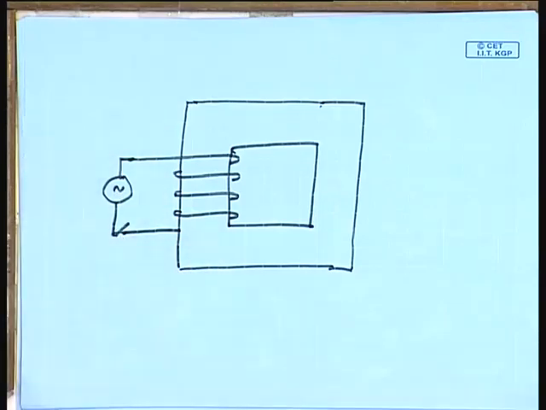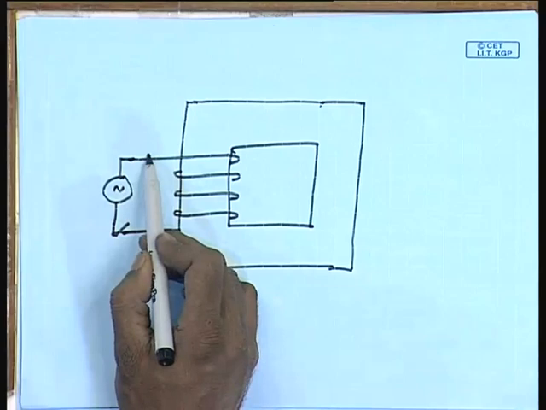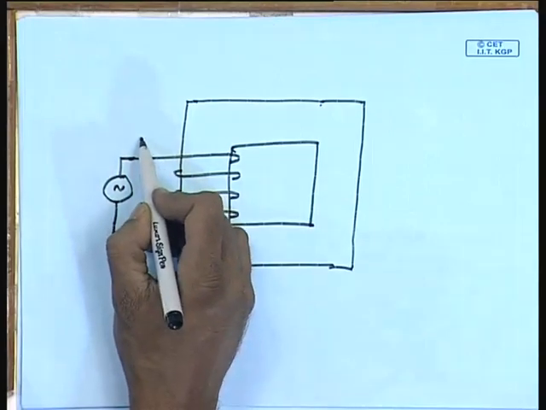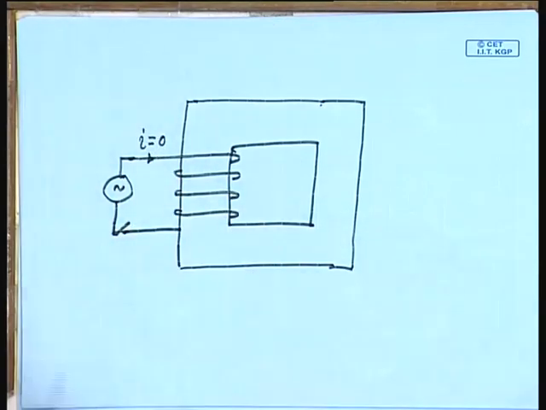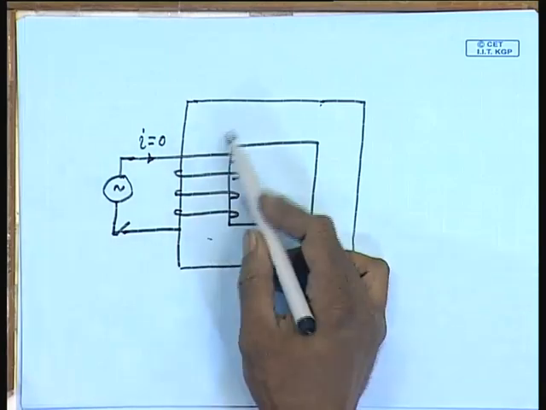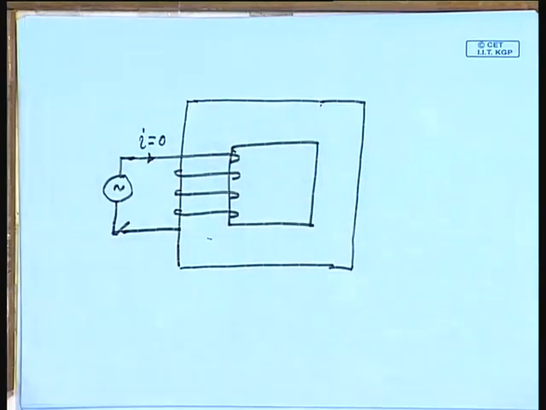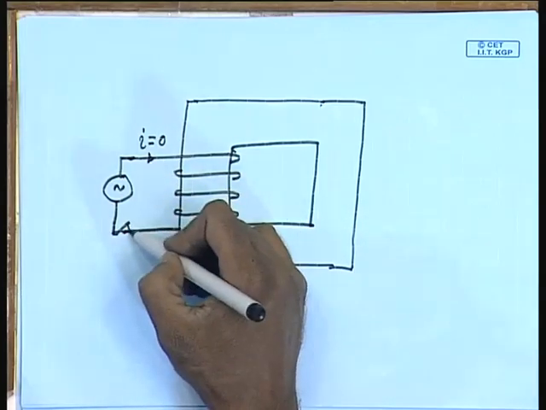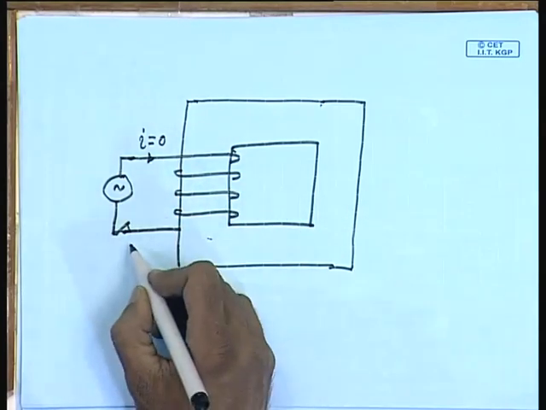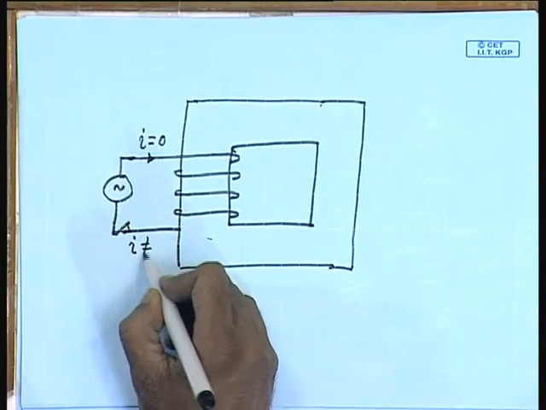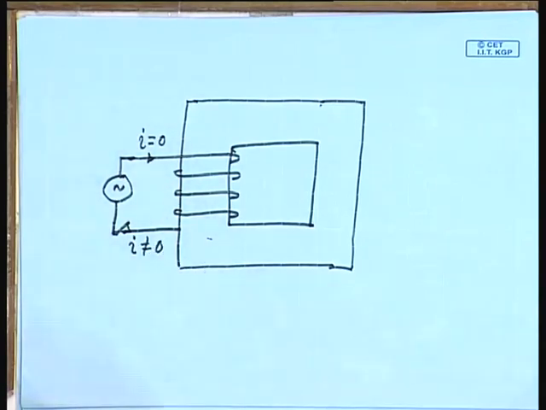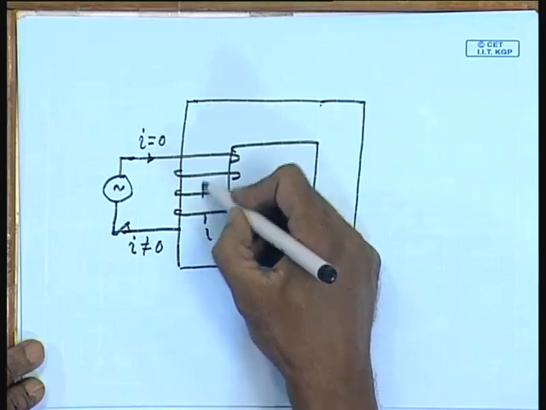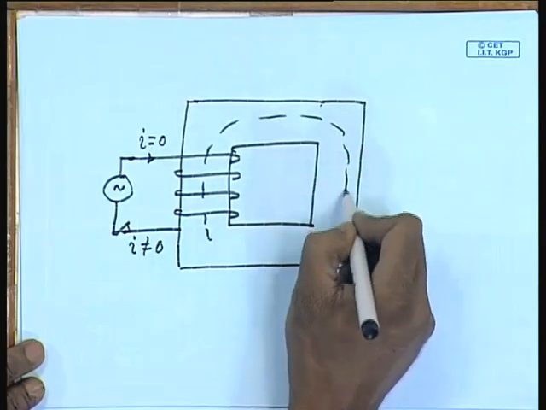Now, if there is no current flowing into this coil, we do not expect any flux lines to be generated in this core. However, when you switch this source on and a current does flow, then magnetic lines of force will circulate inside this core.